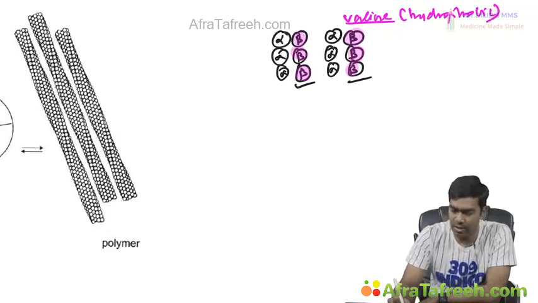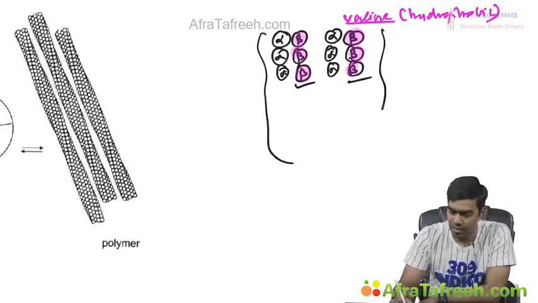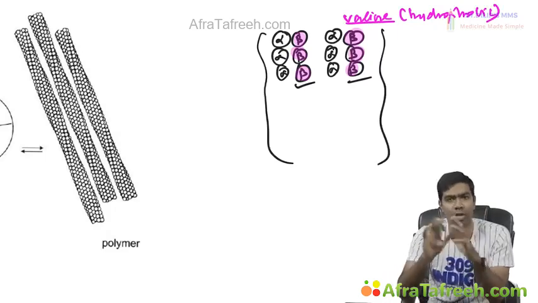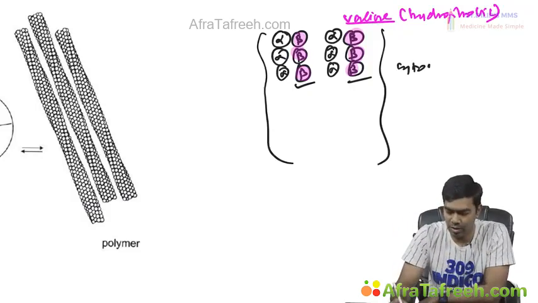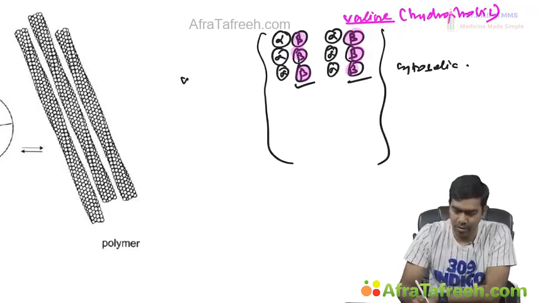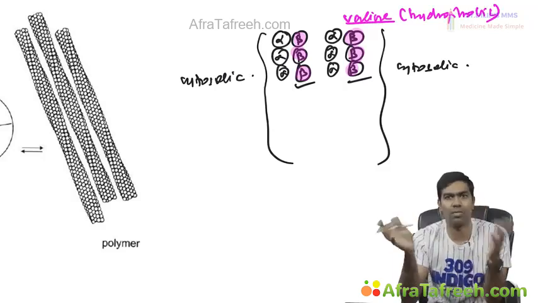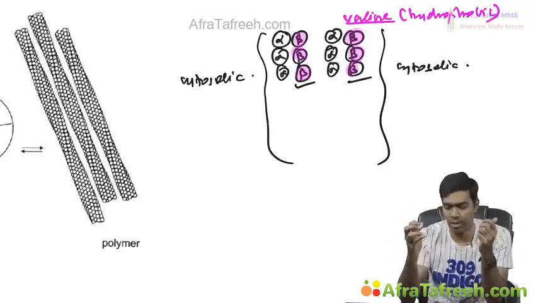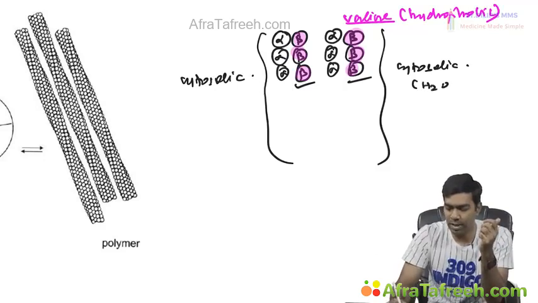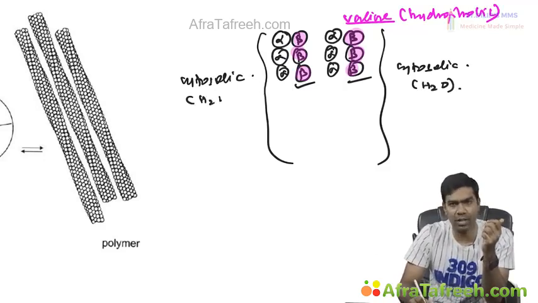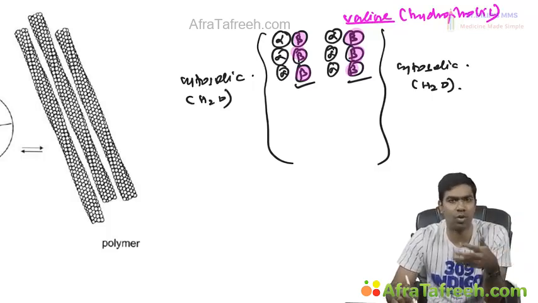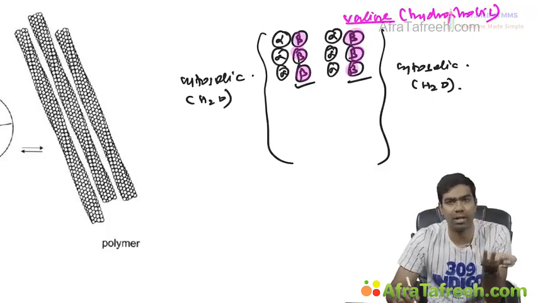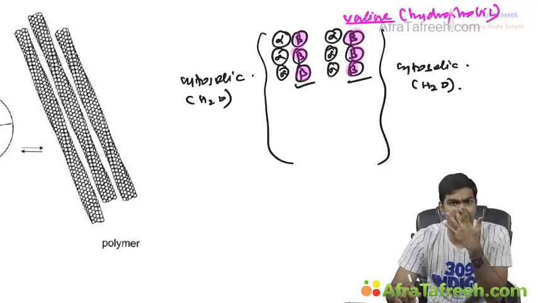You can see that this is the hemoglobin molecule as a whole if you take two alpha and two beta chains, and this is the outer cytosolic side, because hemoglobin is present in the cytosol. Surrounding the hemoglobin you are going to have the cytoplasm, the cytosol. The cytosolic side has a lot of water. Obviously we know that two-thirds of the total body water is locked in the intracellular compartment only. So your cytosol is going to contain a lot of water.